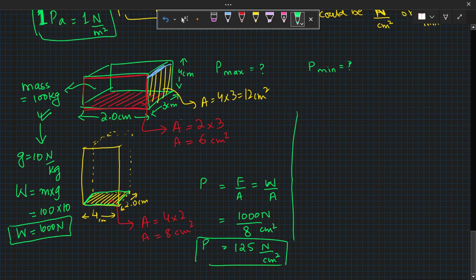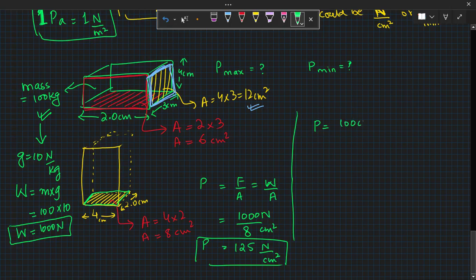Now, second thing, we have this face as well. When the object is in contact with this side, which area is in contact? What is the value of the area? That is 12 centimeters square, right? So over here, again, we are going to use the same formula, weight upon area.